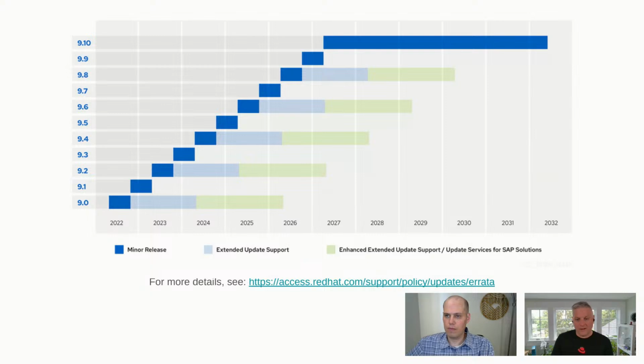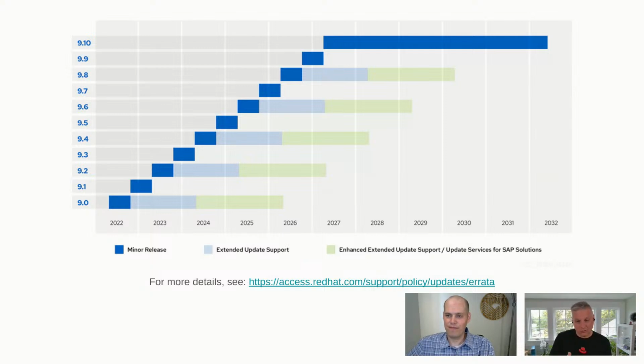We also provide that up to 4-year minor release pinning for update services for SAP solutions. So if you buy one of the SAP-specific products from Red Hat, it will come with this 4-year minor release pinning.